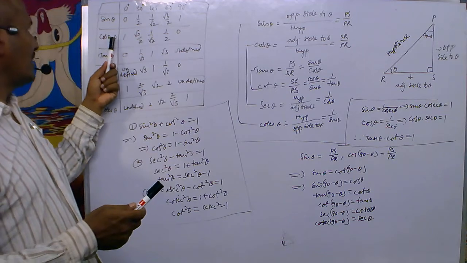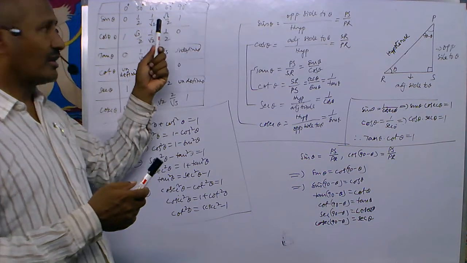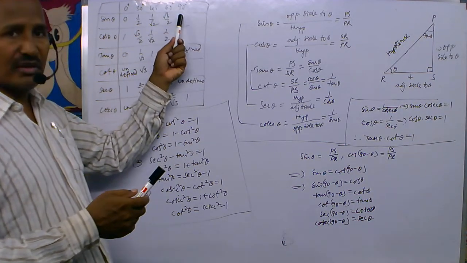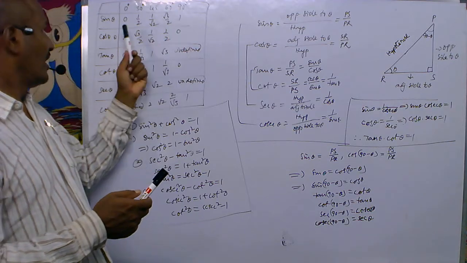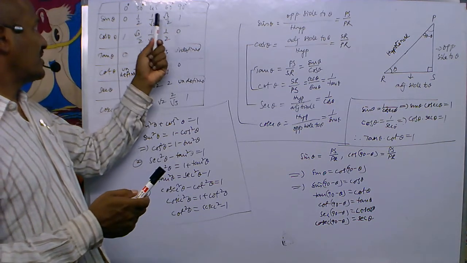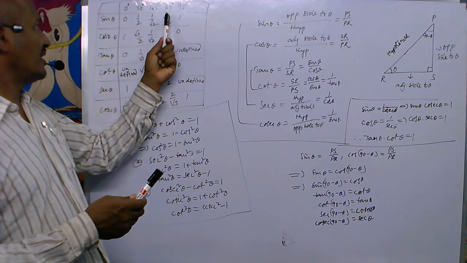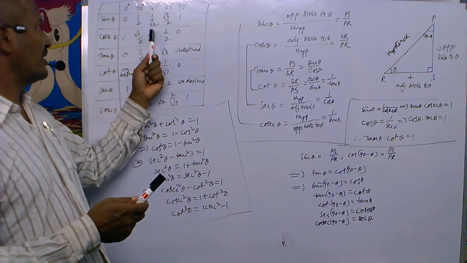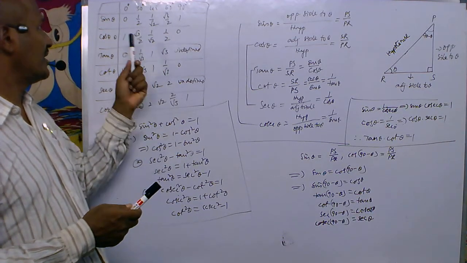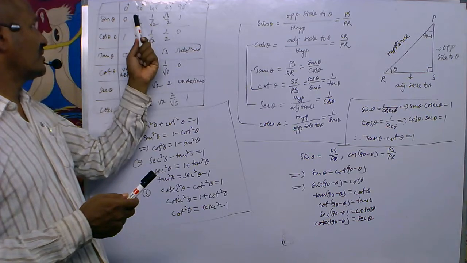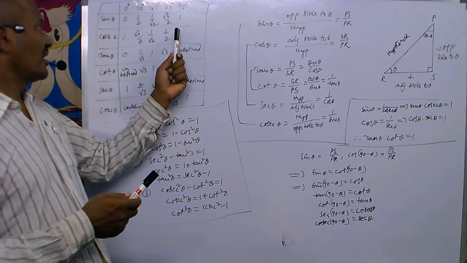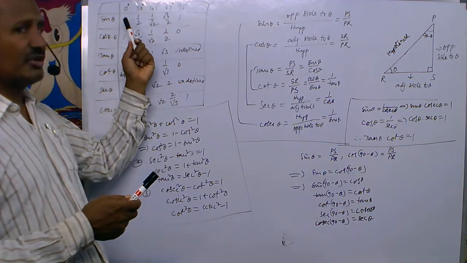Now cos theta, you just take the values from 90 degrees. Cos 0 degrees is sin 90 degrees, cos 30 degrees is sin 60 degrees, cos 45 degrees is equal to sin 45 degrees, cos 60 degrees is equal to sin 30 degrees, cos 90 is equal to sin 0 degrees.